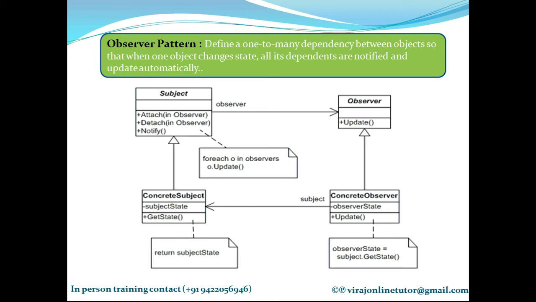Now, when to use the observer design pattern? The observer pattern can be used in the following situations: when a change to one object must be reflected in other objects without keeping the objects tightly coupled.